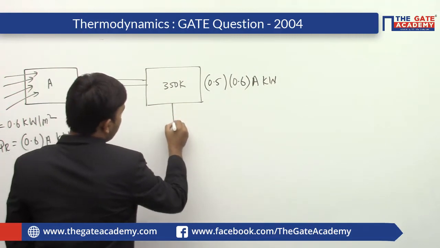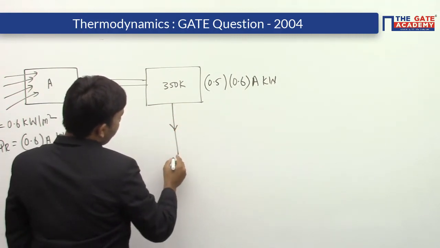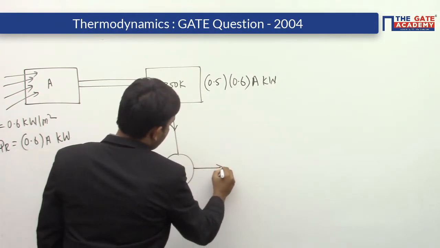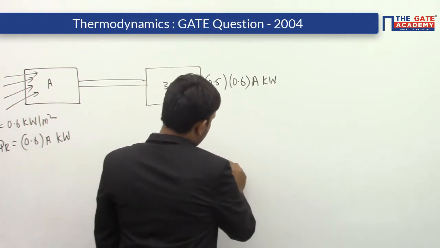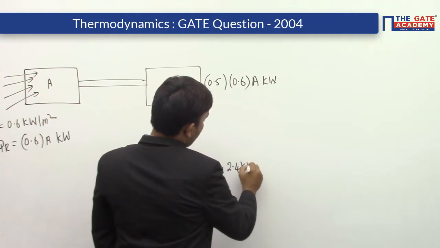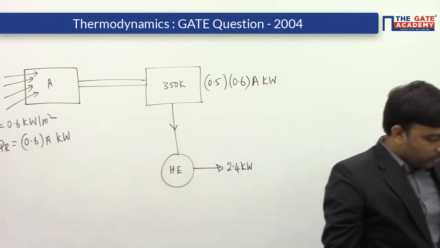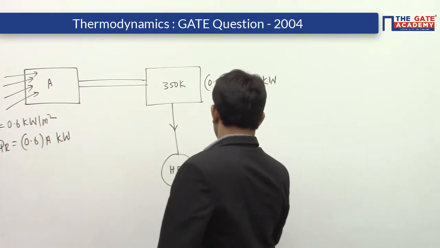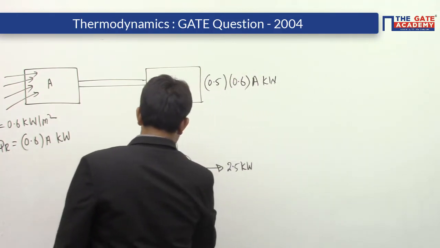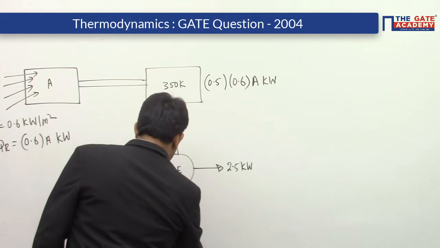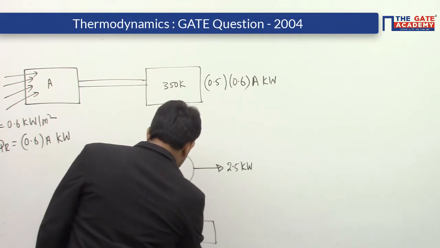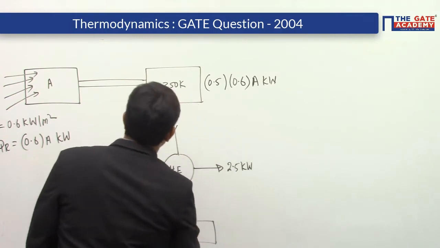And this energy received by the fluid is sent to a heat engine. The heat engine is producing energy at a rate of 2.5 kilowatt, and it's rejecting some portion of heat to a sink, which is maintained at 313 Kelvin.